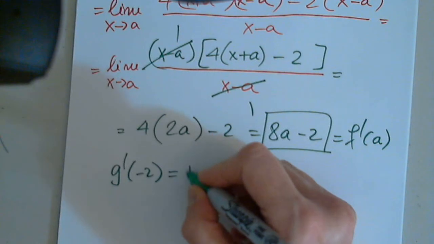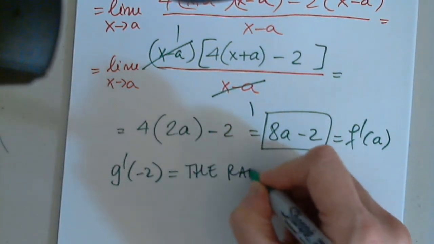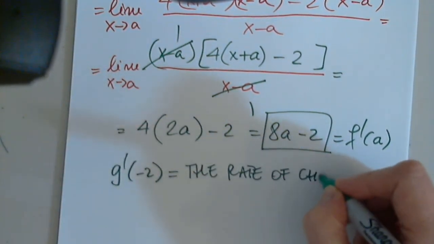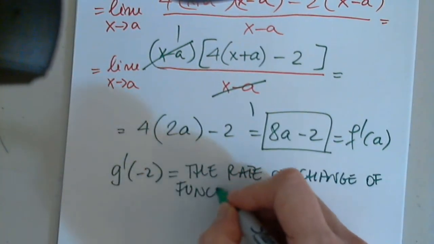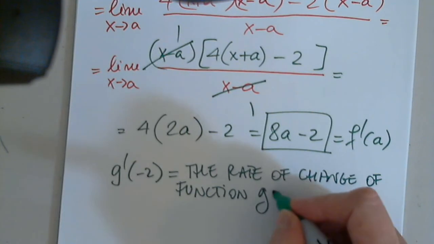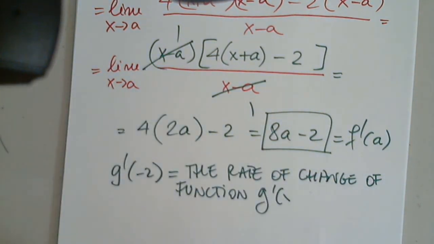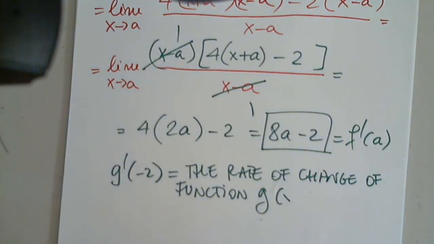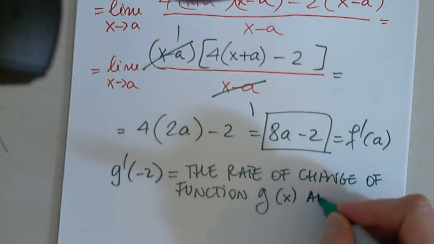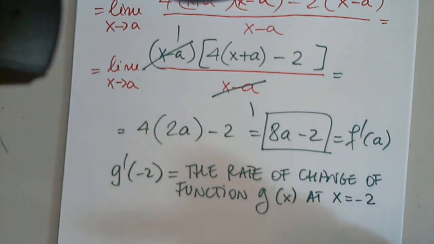Very good. So the rate of change of function g of x at x equals -2.